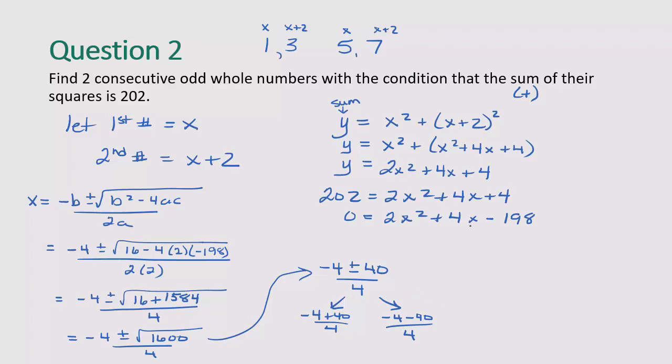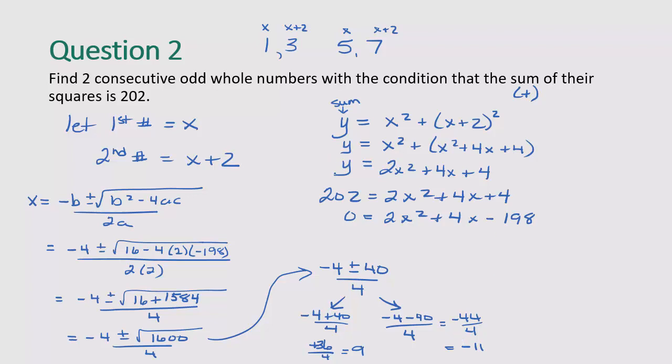So I get positive 36 over 4 or 9. And here I get negative 44 over 4 or negative 11.